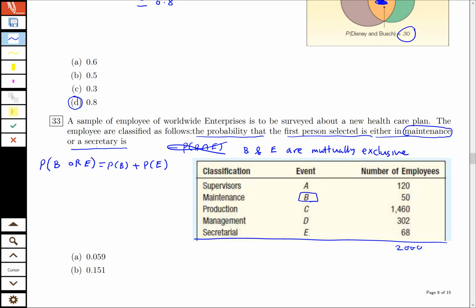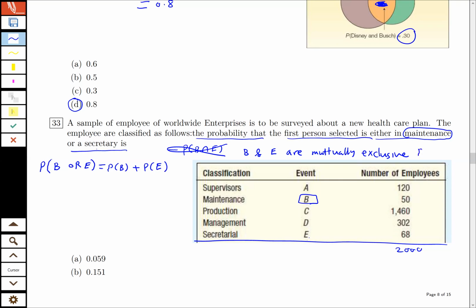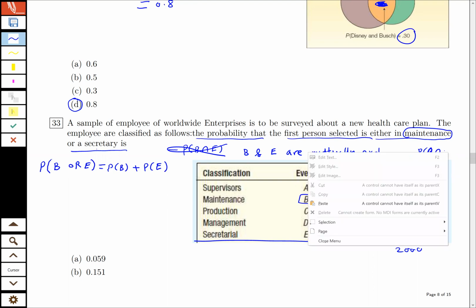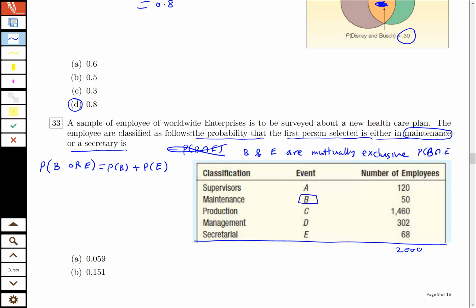Mutually exclusive means the intersection between B and E is phi, which in math means the empty set. So anyway, what's the probability of B?